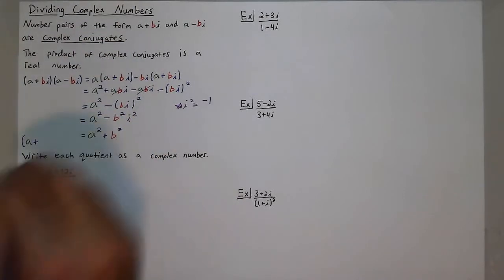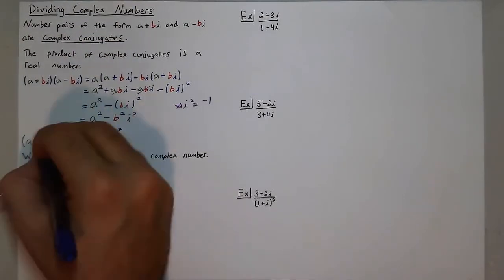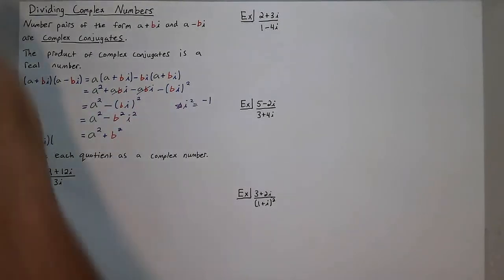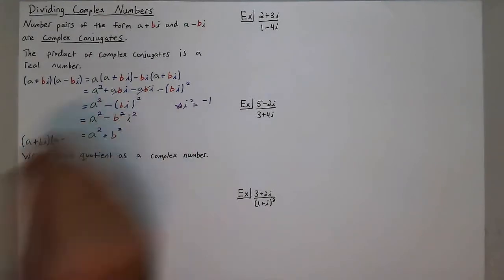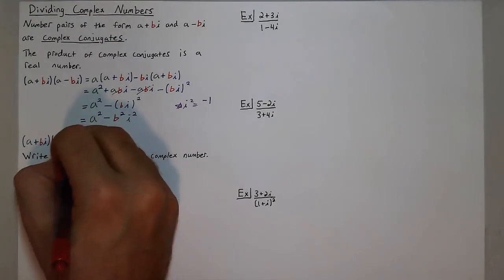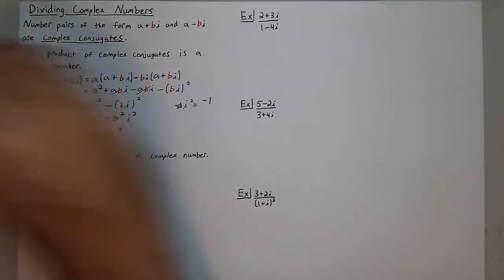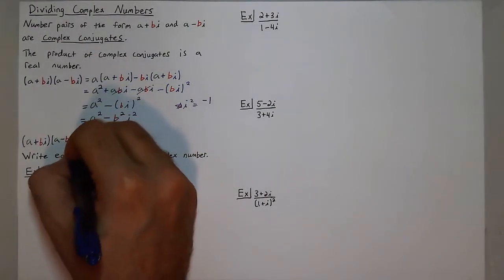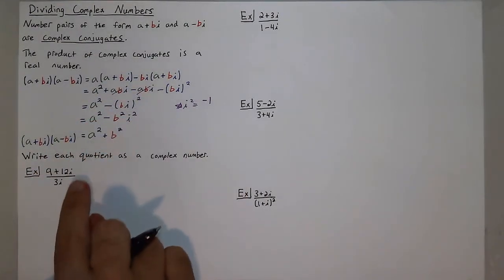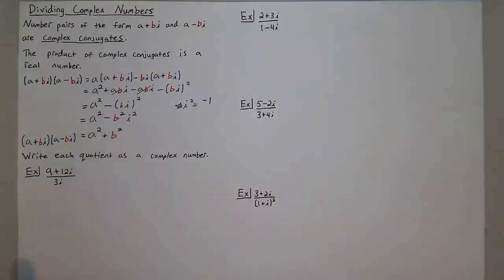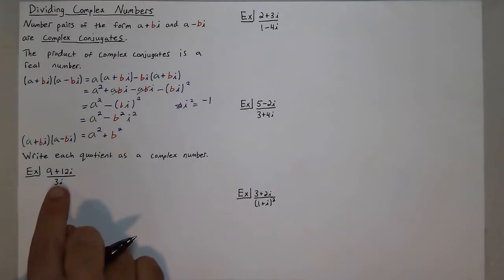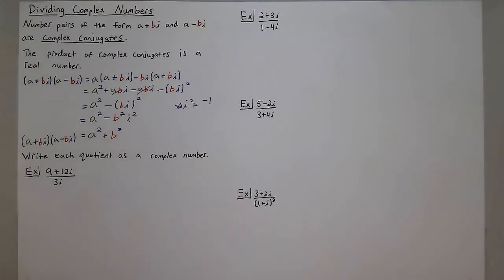This is actually very important when it comes to dividing. Because in order to get a complex number answer from multiplying, adding, subtracting, or dividing, it needs to be in the form a plus bi. We have a real part and an imaginary part, but when we're dividing, we have an i in the denominator.